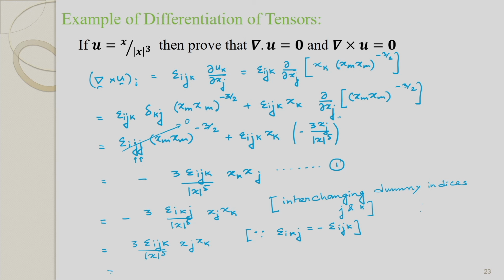So if we see step 1, then this is nothing but the negative of this expression, that is we can write minus of curl of u, ith component, from step 1.